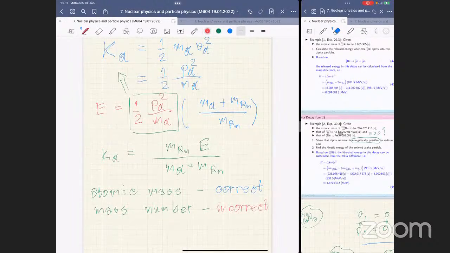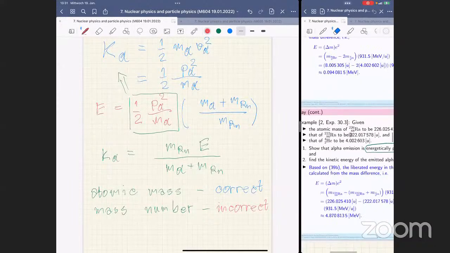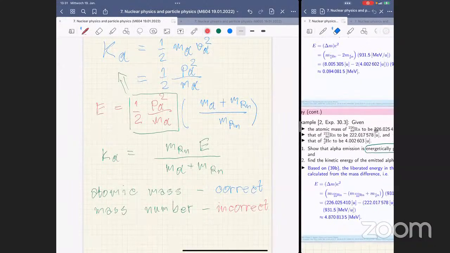The way by using mass number is that instead of 226.025, you may use simply 226. Instead of 222.017, you may use only 222. Instead of 4.002603, you may use only simply number 4. And we are going to see whether the incorrect way is good or not.